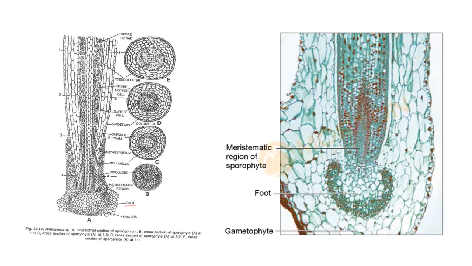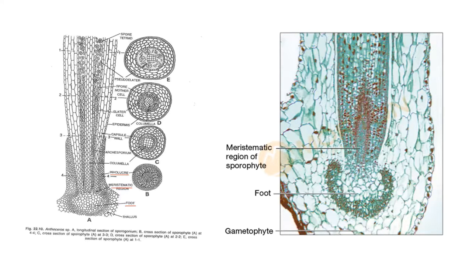Then there is a meristematic region or intercalary region. Involucre, as I've already mentioned, is a collar-like structure, but it is from the gametophyte, not the part of sporophyte. Sporophyte is here, okay? And then you can also see just after the meristematic region, the long cylindrical structure, and that is referred to as the capsule, okay?